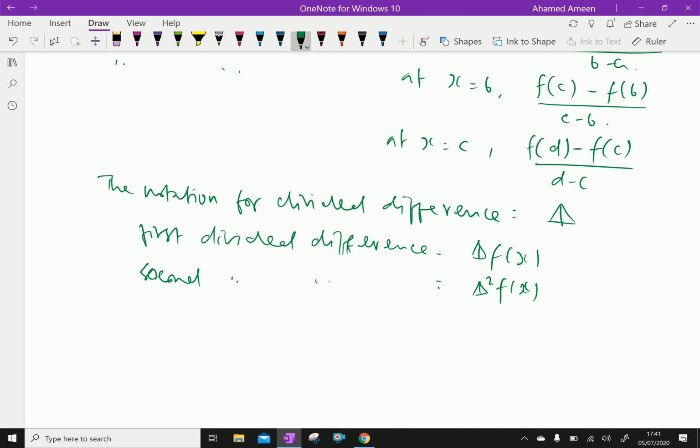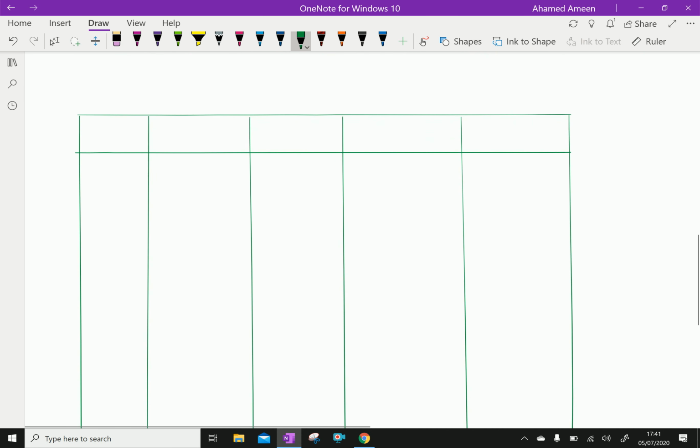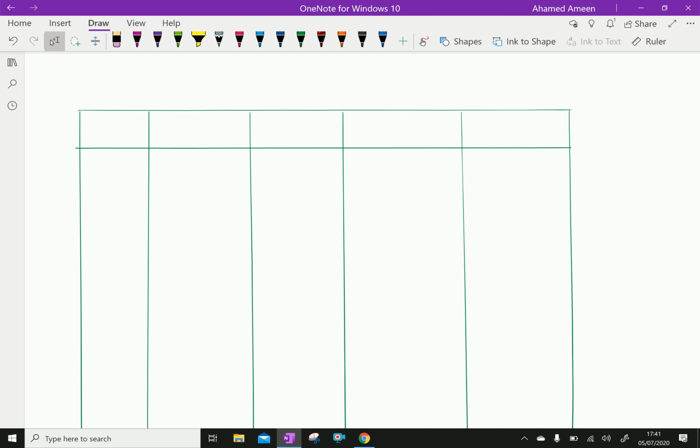Let us fill the divided difference table to understand this concept clearly. Suppose this is the x values, then f of x, first divided difference, second divided difference, third divided difference.